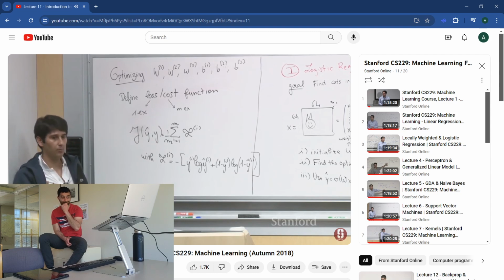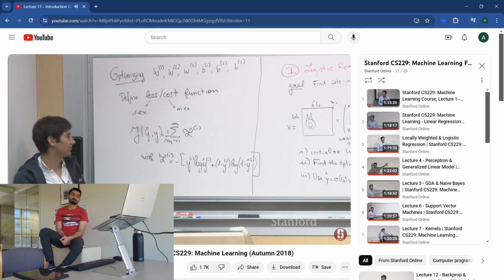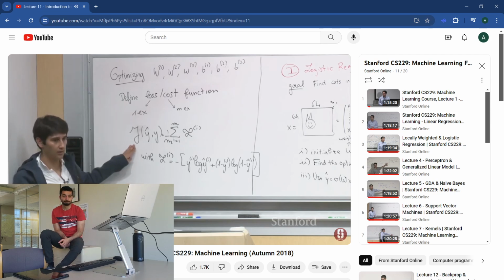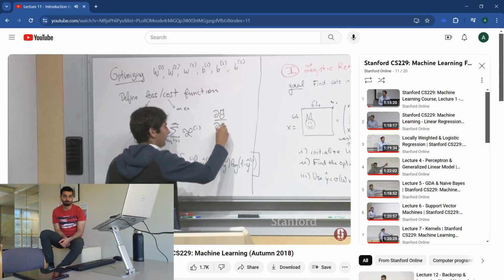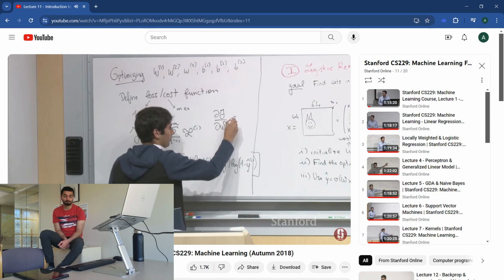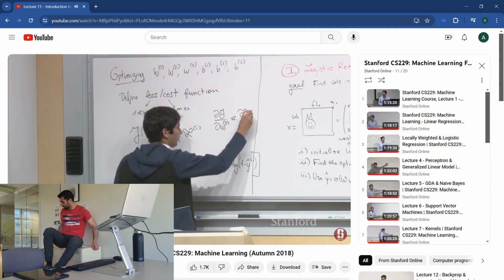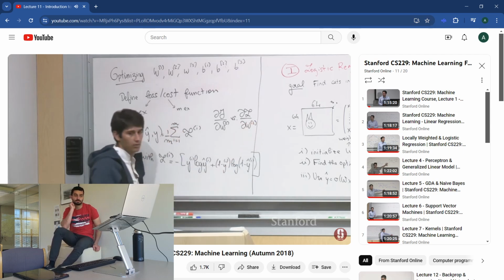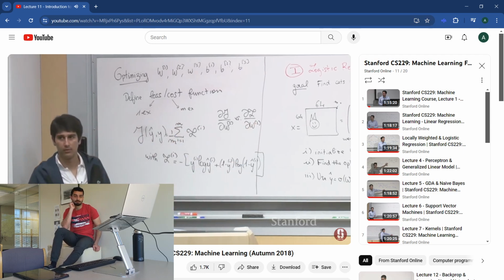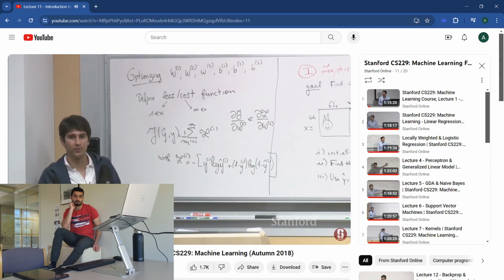Now, is it more complex to take a derivative of J with respect to the parameters, or of L? Let's say we're taking the derivative with respect to W2. Which one is the hardest?